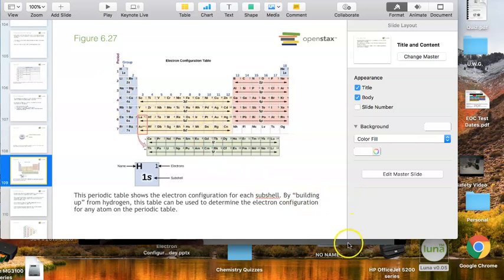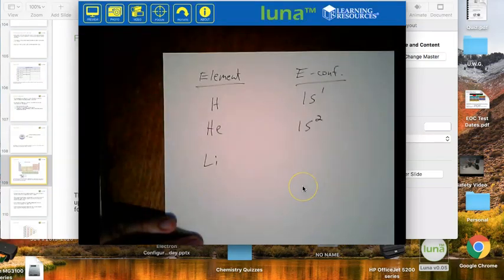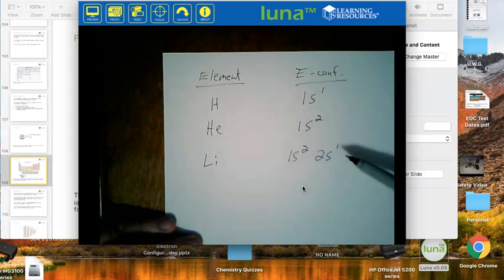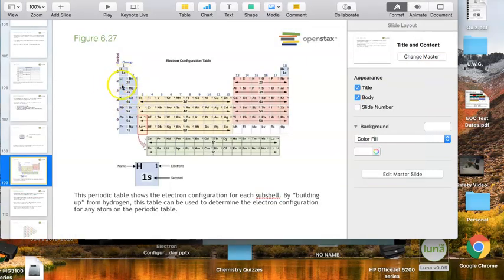So the third electron goes in the second energy level in an S subshell, and that's what's color-coded here on your periodic table. By the way, this periodic table is color-coded. It tells you the subshells: these are S, yellow is D, red is P, and green is F.